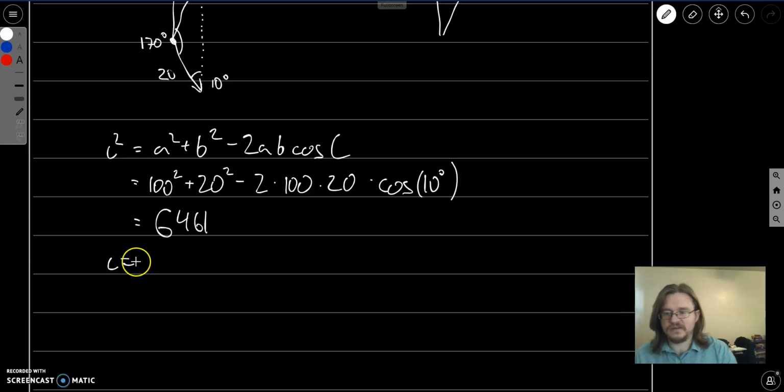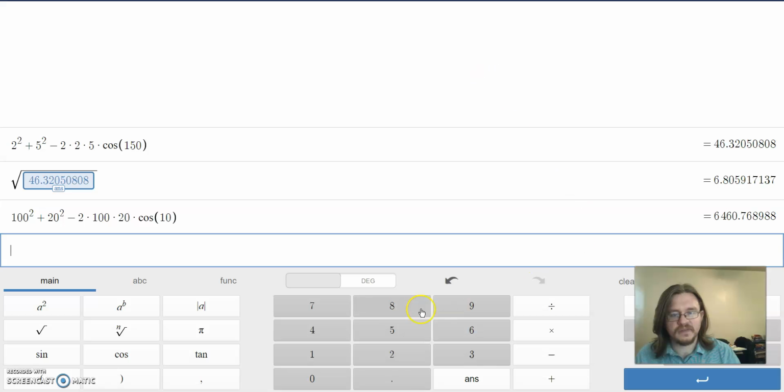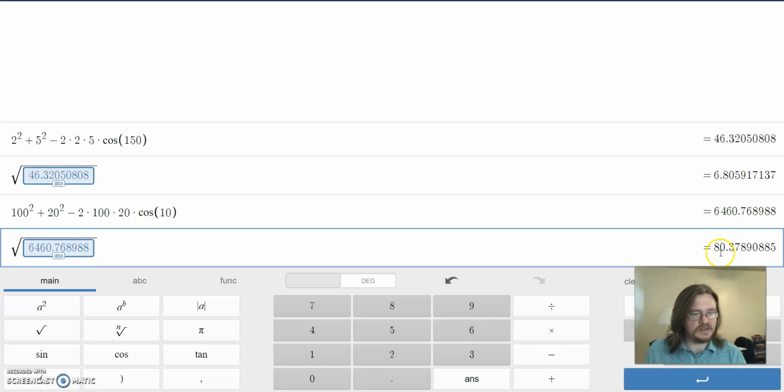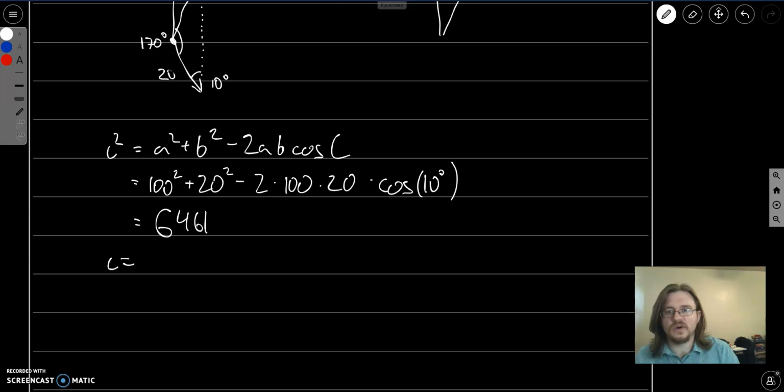So c itself is going to be the square root of our previous answer. So it's going to be about 80.4, rounded to one decimal place. So since the wind is blowing nearly straight backwards, it nearly subtracted 20 miles an hour from the speed. But not quite, and it's actually going 80.4, so a little bit more than 80, because it's not quite straight backwards.